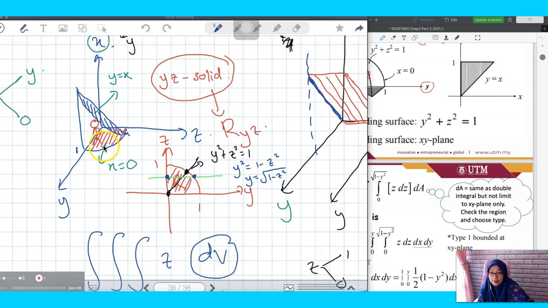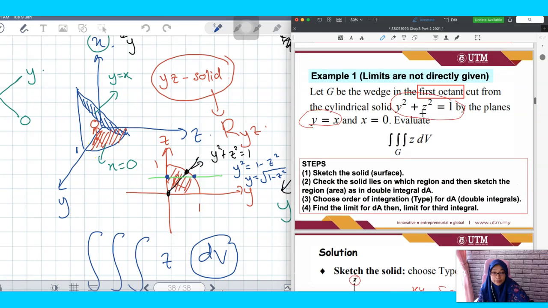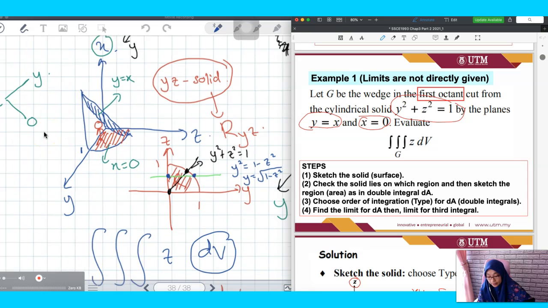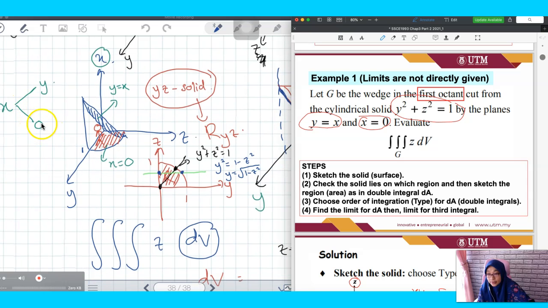So based on the information provided here, it is stated that your lower bound is at x equal to 0. This one is closed by x equal to 0, so we know that our floor is x equal to 0. So we can write down the lower bound is 0. And then who is covering you here?